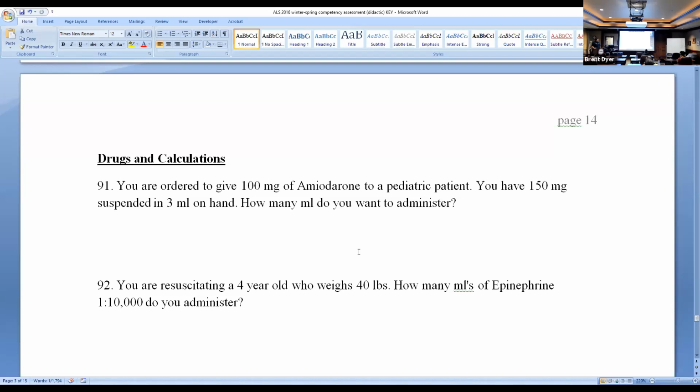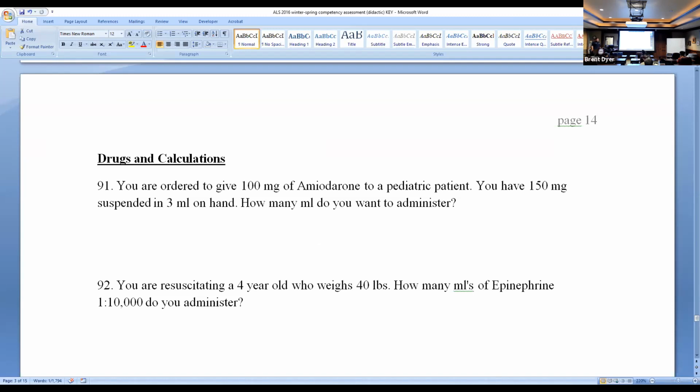I think what it would more likely ask you is the pediatric dose of Narcan. If it were to do that, then it is 0.1 milligram per kilogram, or 0.1 to 0.2 milligram per kilogram.